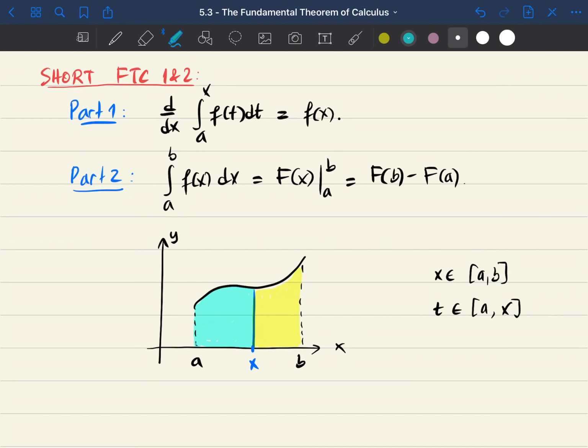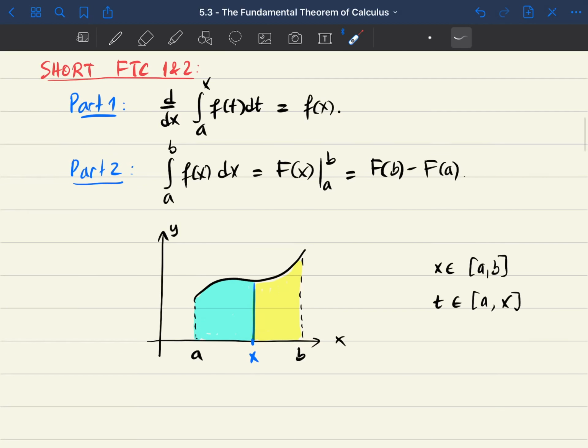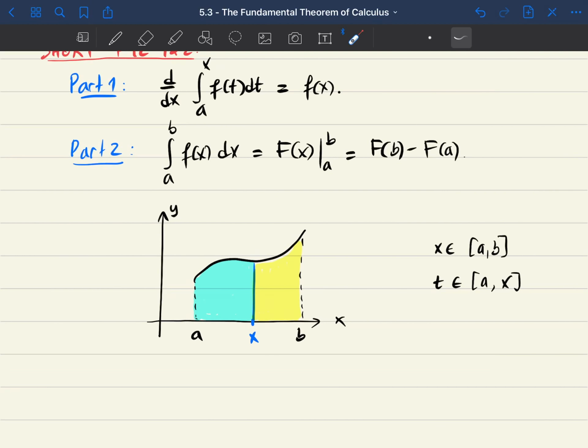So the integral here is this blue area. Now this first part here, FTC1, says that as x moves to the right or to the left, the rate of change of this area is exactly equal to the value of the function, which is this, right? This is f of x at that point.